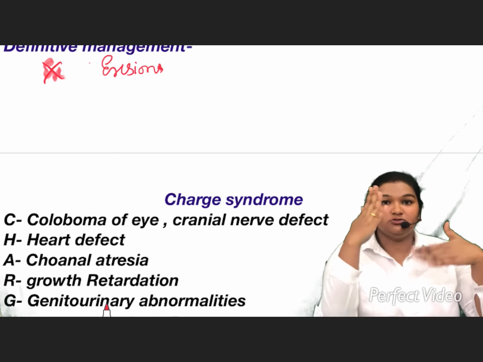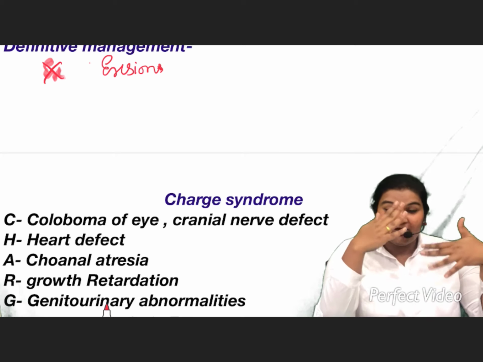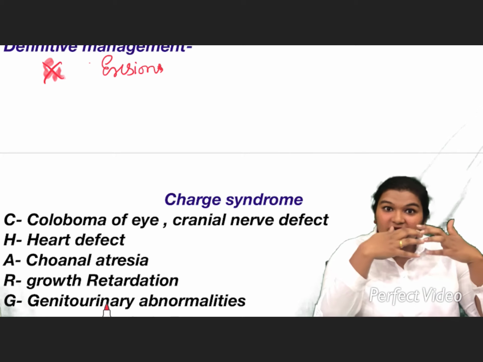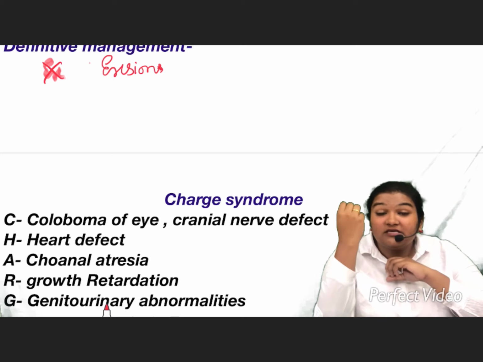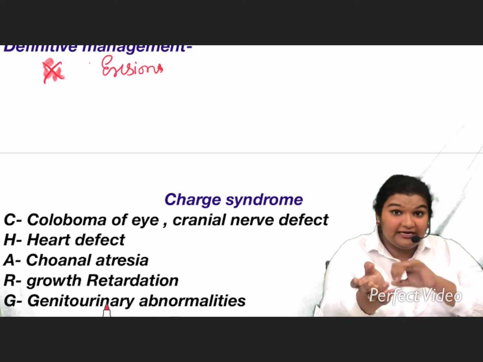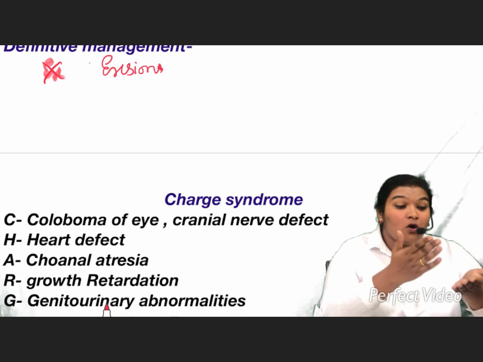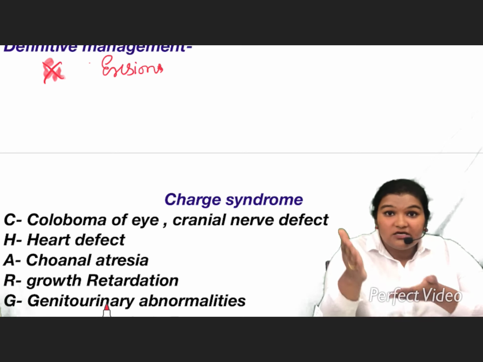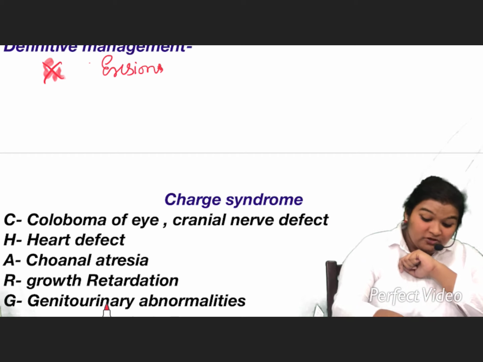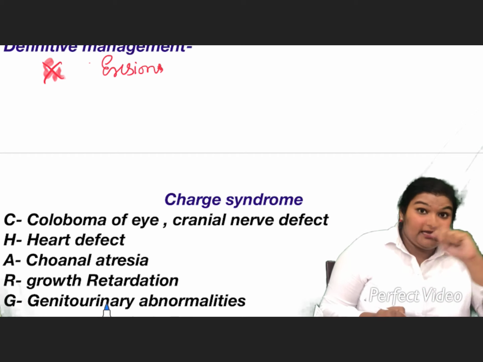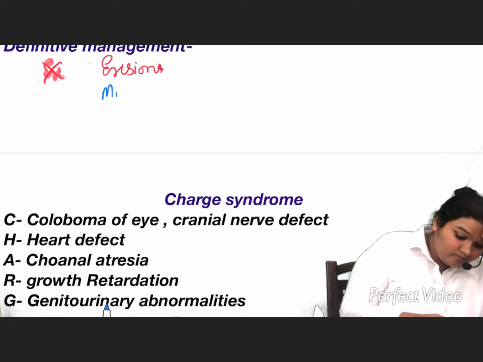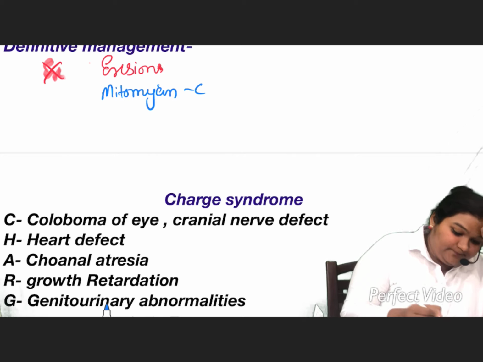So those cut flaps, when they heal, might form the connection and there can be recurrence of choanal atresia. And to reduce the chances of recurrence, we will apply mitomycin C.